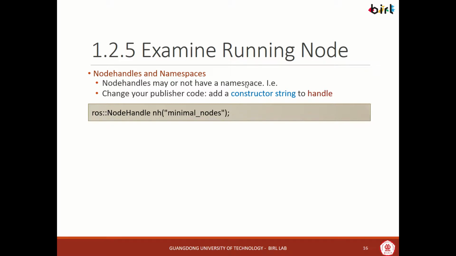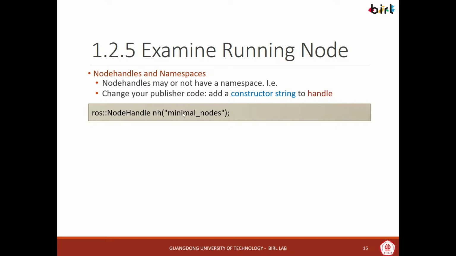So right now we're calling this node minimal nodes. Could you imagine the possibility of having another code that might be interested in calling their node the same way, minimal nodes? Well, this might be something that can happen easily.